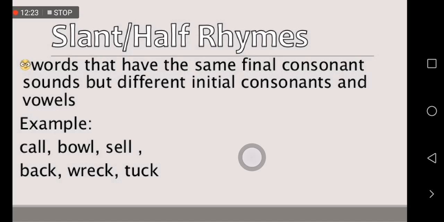So still we can include them in half rhymes.